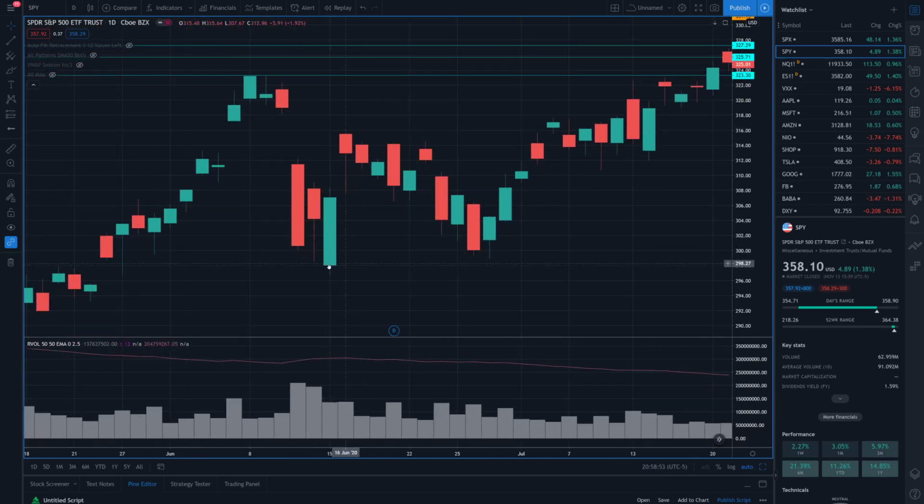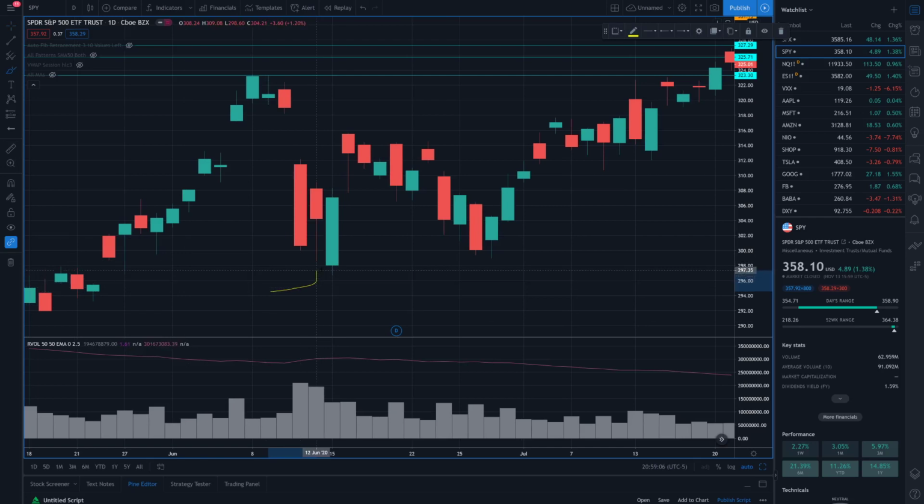There's an opening price, the closing price, and then there's the high and the low. For a green candle, the bottom of the rectangle is where it opens, and the top of the green candle is where it closes.